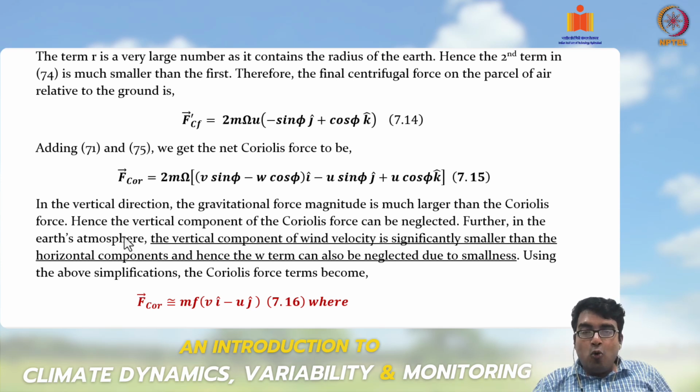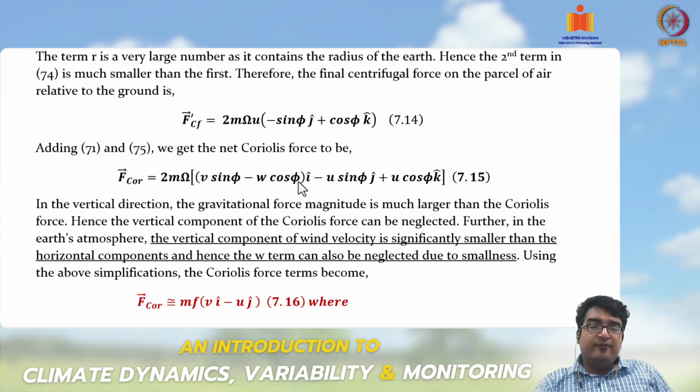As a result, w is much smaller than v. Okay. As a result, you can neglect w cos phi in most circumstances. W is like 0.1 v or 0.01 v, like that. There are certain exceptions.